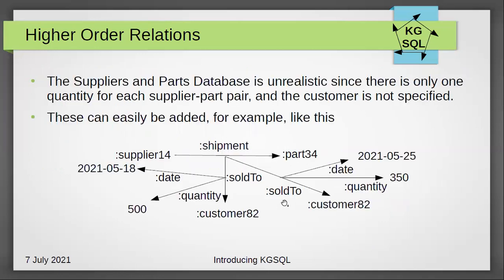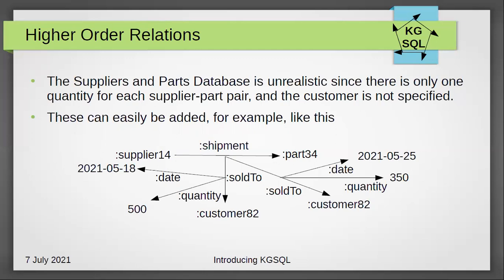However, in many ways, the supplier and parts database is unrealistic, since there's only one quantity for each supplier part pair, and the customer is not specified. But this particular example was given only to illustrate a point, not to be a realistic database for any application.